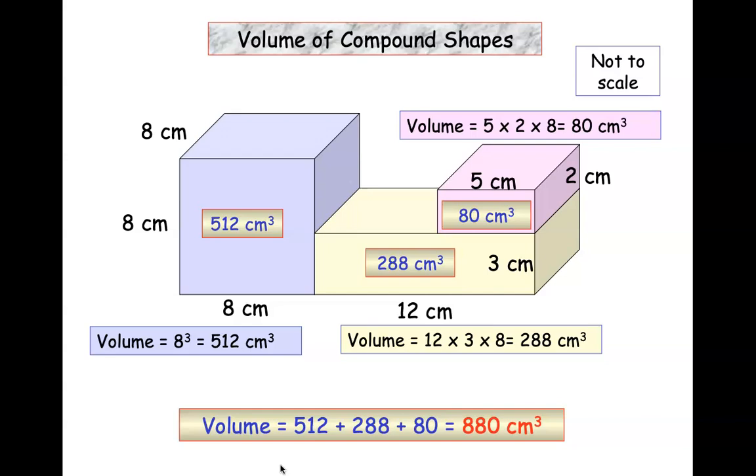Otherwise, you're not going to be able to work out the correct answer. So you might just have to convert in the beginning. And remember to try and convert into a measurement that's going to avoid you having to use decimals. And that's just going to make your life much easier moving forward.